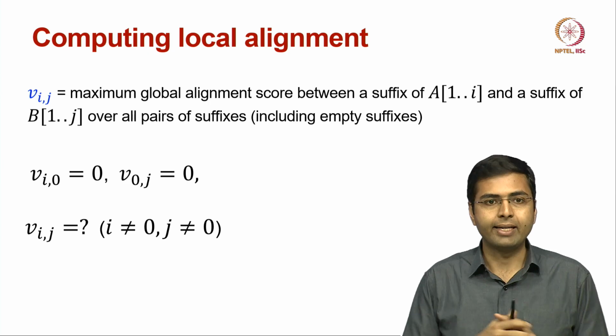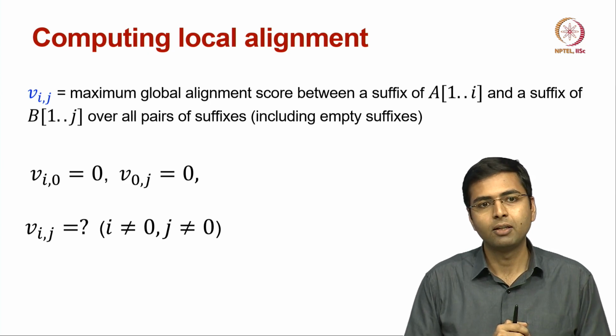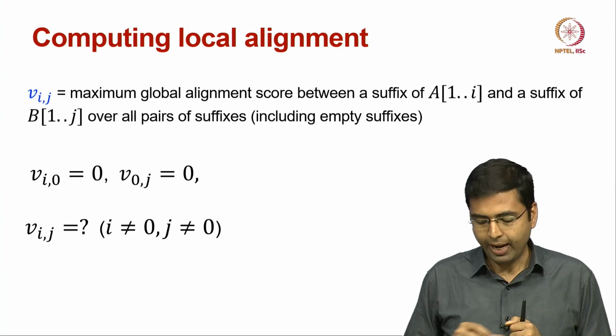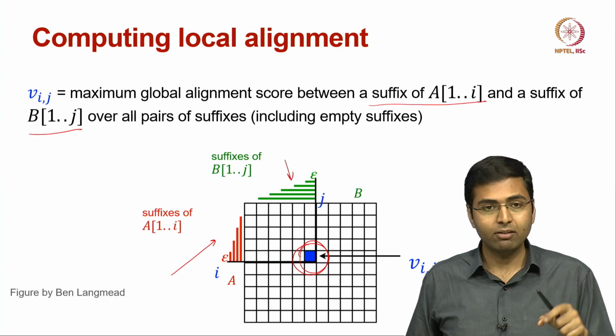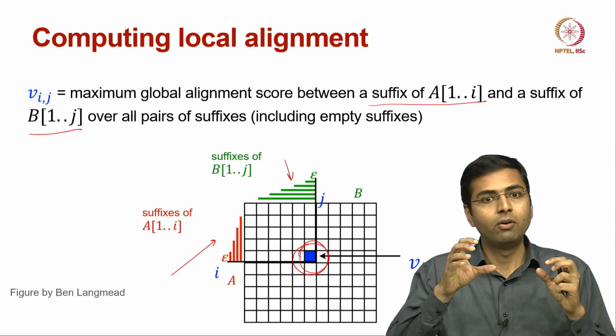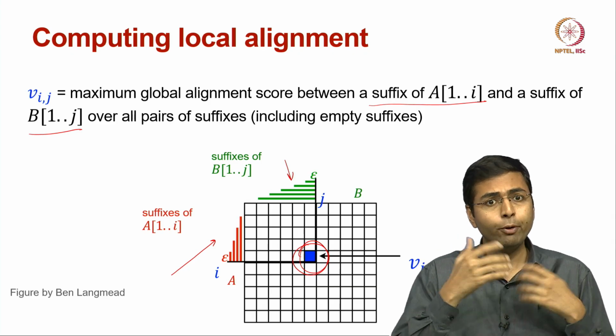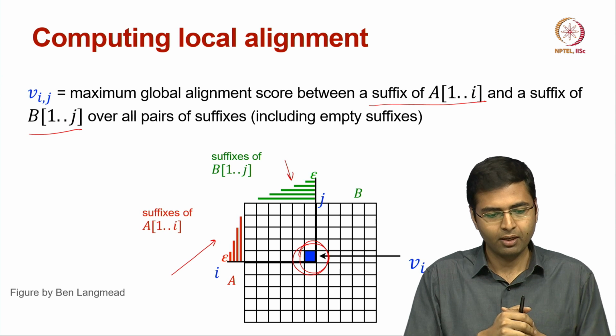What about the general case when i and j both are non-zero? Again, as I mentioned, we want to avoid the naive approach of iterating over all pairs of suffixes, because that would be very slow.